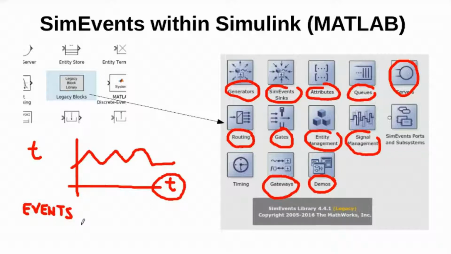That's why we name this kind of process a discrete event system, okay? Because the events that will change the state of the system will happen at some discrete times.